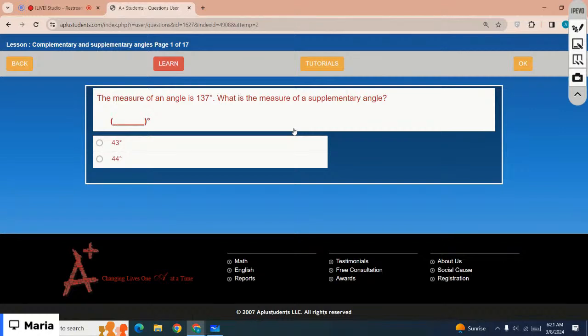So, which is the correct option? The correct option is 137 plus 43 equals 180. So, the correct option is 43 degrees.